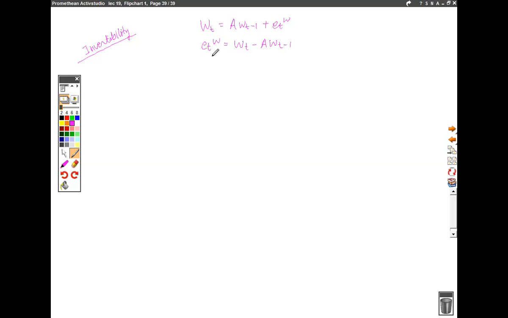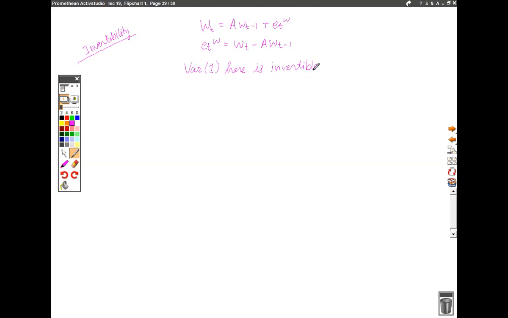And that is why a VAR process of any order, so here we have a VAR 1, is invertible. And in general also, any VAR process with any order P will always be invertible, because you can always write the ETWs in terms of WTs and its lagged variables.